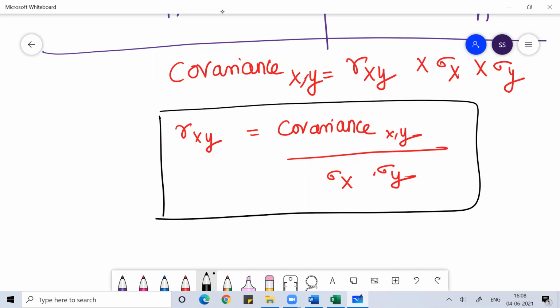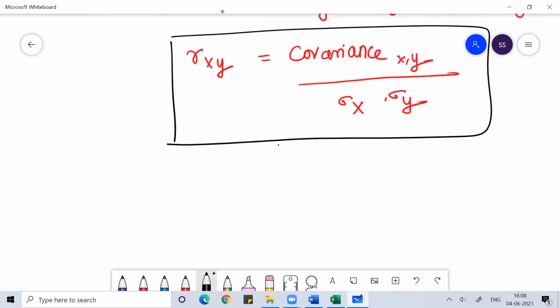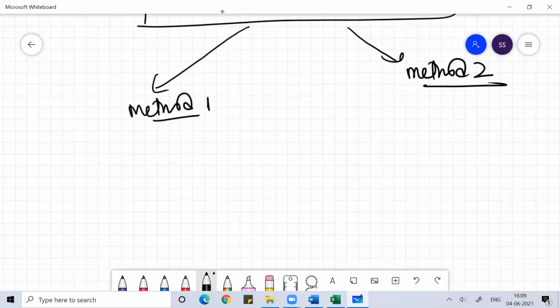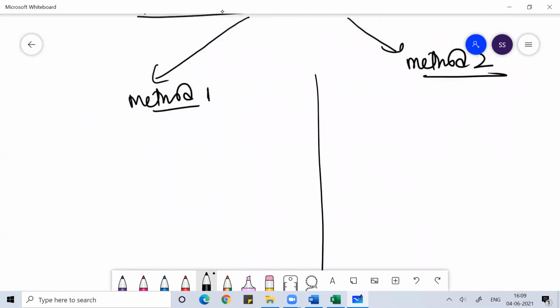This actually helps me to derive the formula of r. So I'll use two methods to find the value of r. Method 1, or I can use another method, method 2, to find the value of r. I can write r of xy.